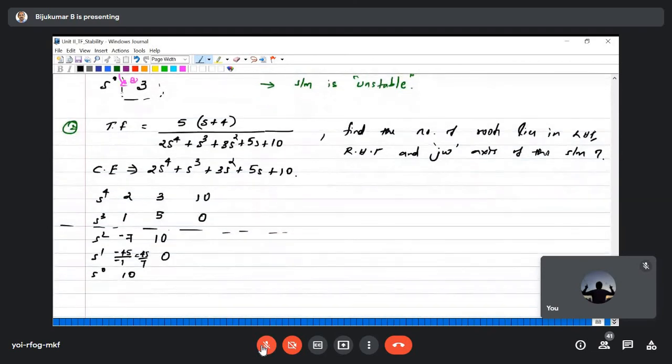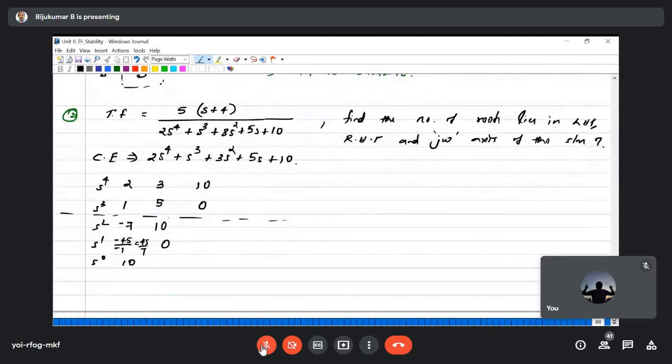So how many sign changes have you observed in this problem? This constant you are telling, this one, instead of 45 by 7, 35 will come?